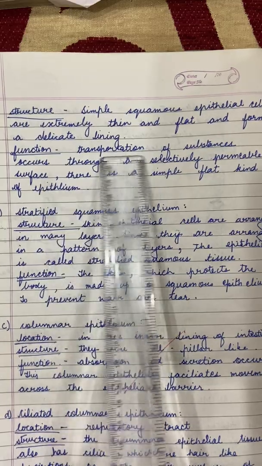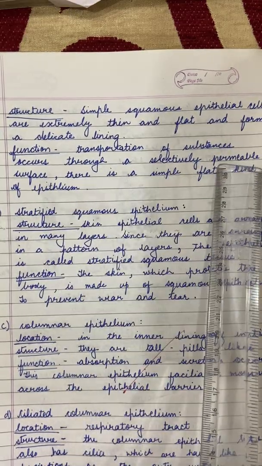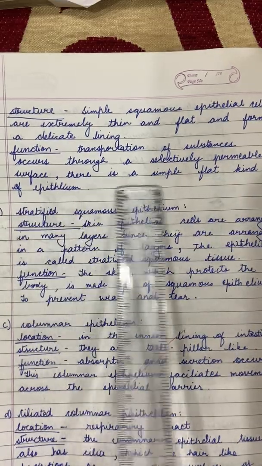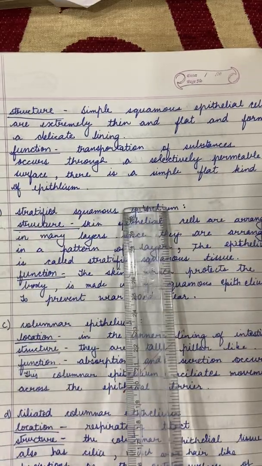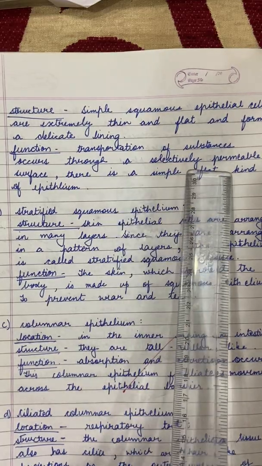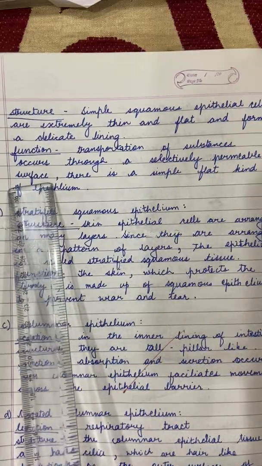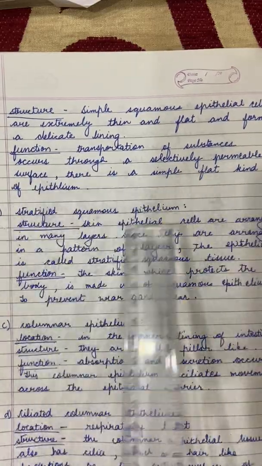And the function is, what do they do? They help in the transportation of substances, which occurs through a selectively permeable surface, and there is a simple flat kind of epithelium.